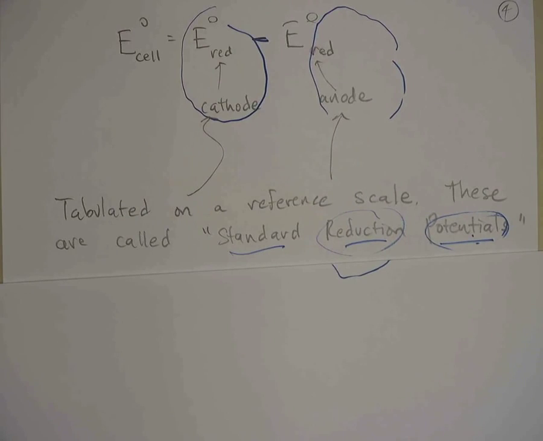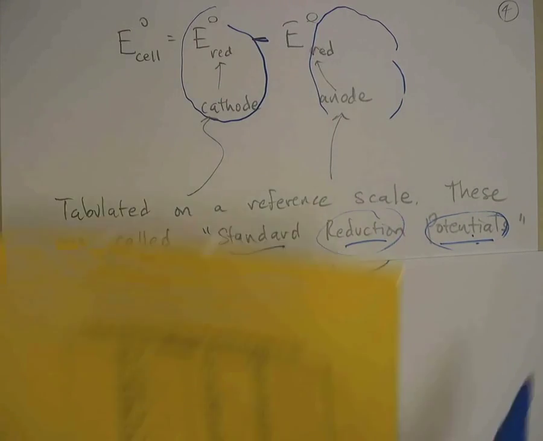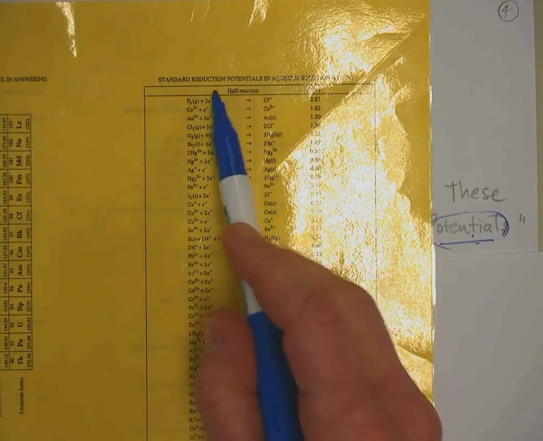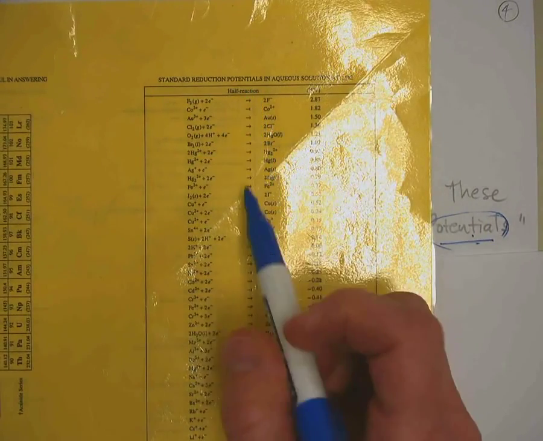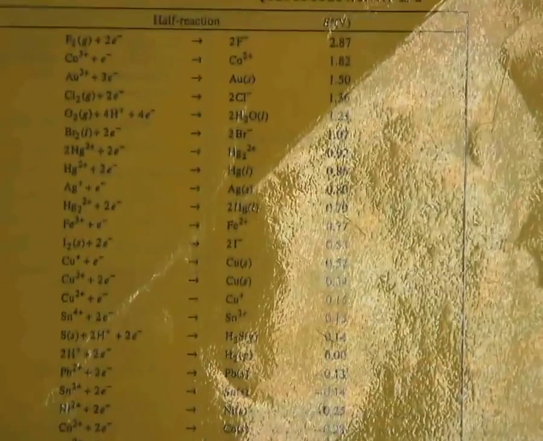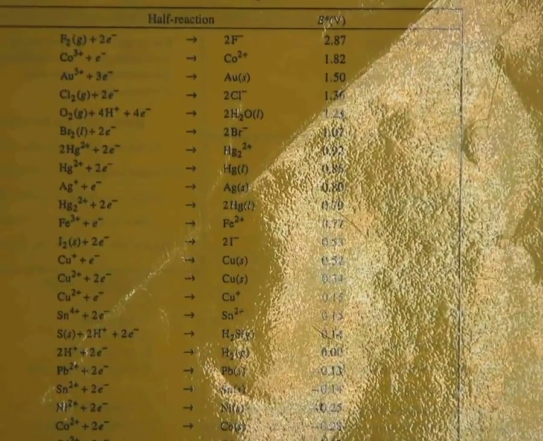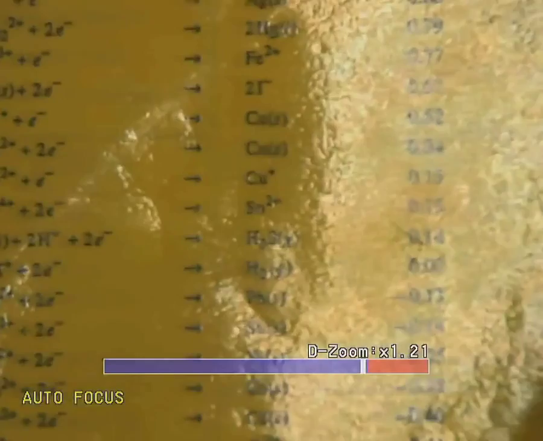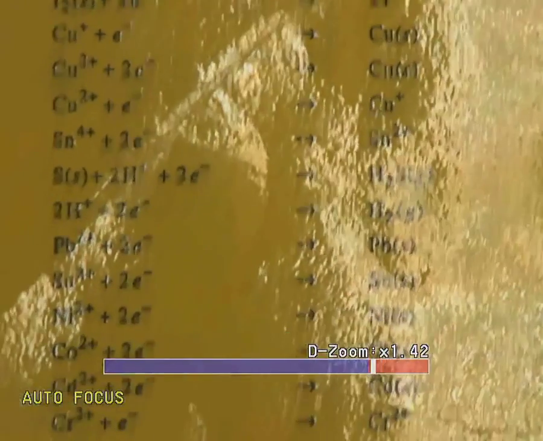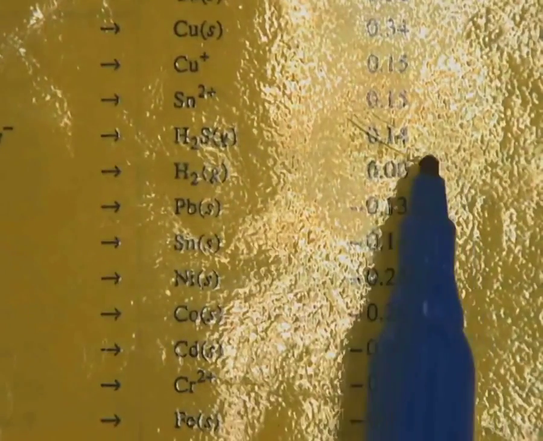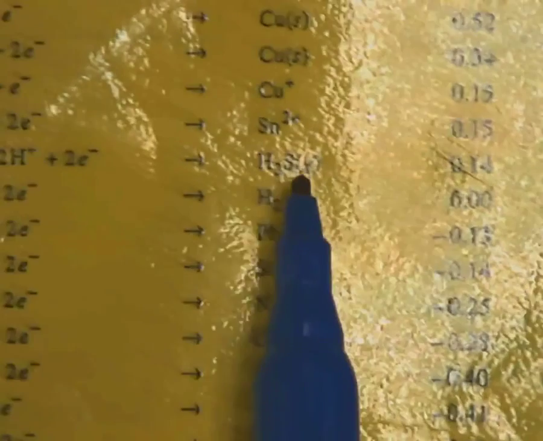You have a huge table of these on the yellow periodic table. These are called the standard reduction potentials. These are the voltages for a whole bunch of half reactions. And you'll notice if you look really close, and I'm going to zoom in, there is one that's arbitrarily assigned 0 volts. You can see right here the 0 voltage one is the one that produces hydrogen.